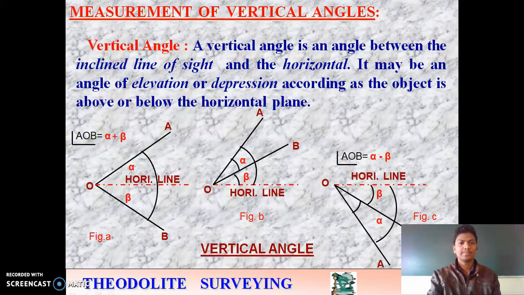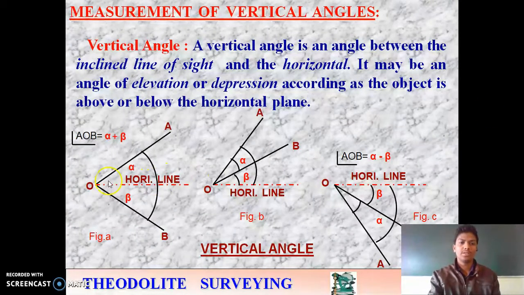Time is late. Now measurement of the vertical angles. A vertical angle is an angle between the inclined line of sight and the horizontal. It may be an angle of elevation or depression according as the object is above or below the horizontal plane.